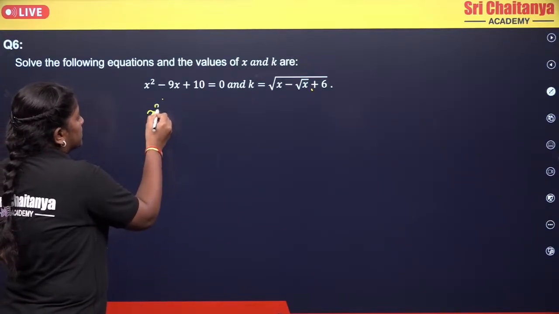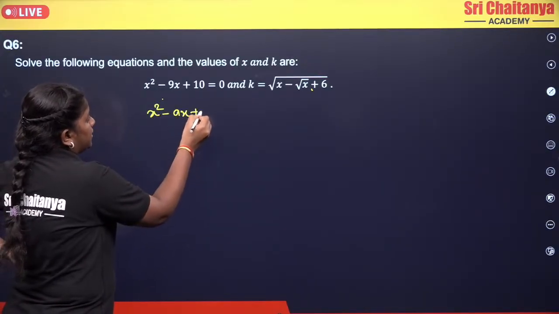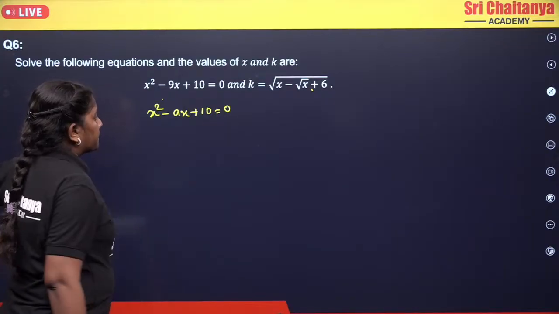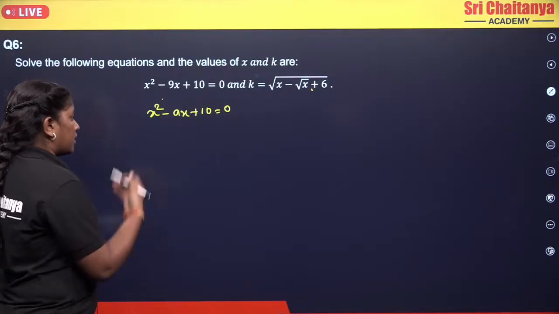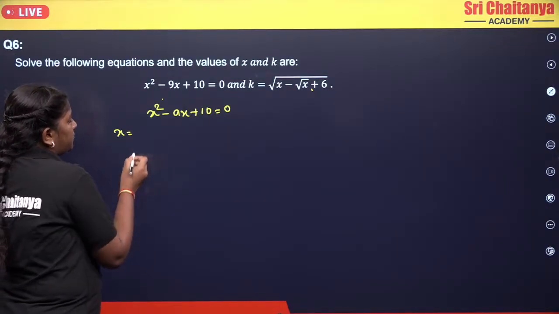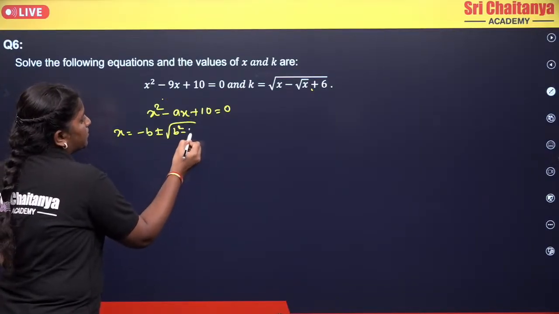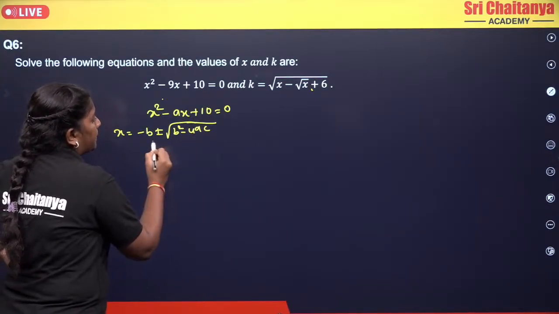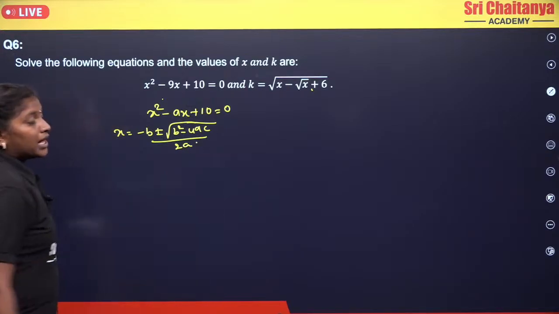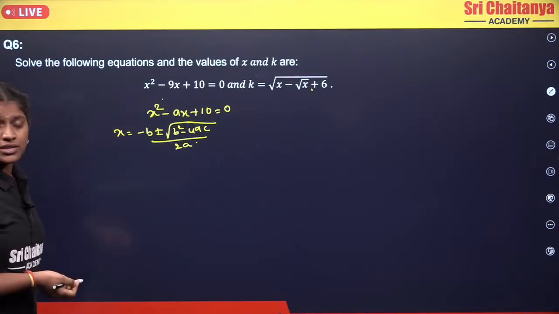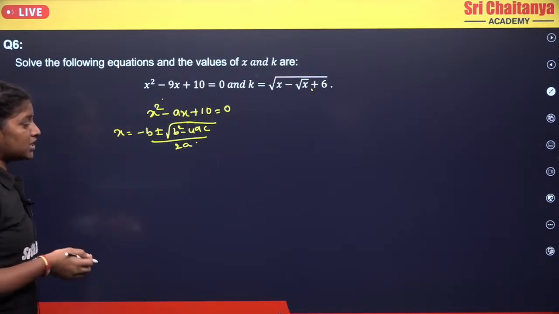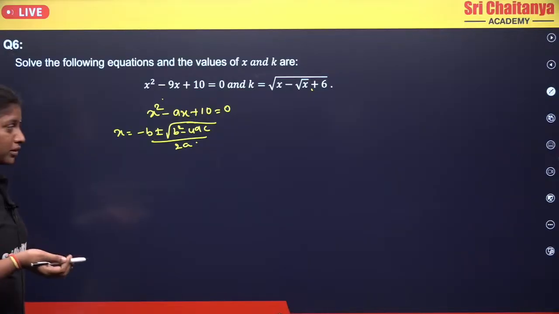So coming to here, x square minus 9x plus 10 equals to 0. Okay, so now you can use your formula, x will be minus b plus or minus root of b square minus 4ac by 2a. Now with the help of quadratic formula you can find the roots and just give the roots in the comment section and I will tell you whether those are correct or not.